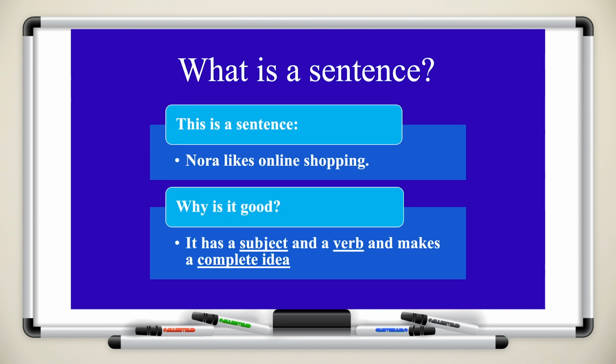Let's take a look. Noura likes online shopping. This sentence gives me an idea. Why is it good? Because it has a subject and a verb and it makes a complete idea. When you want to write a sentence, it should be full and grammatically correct.